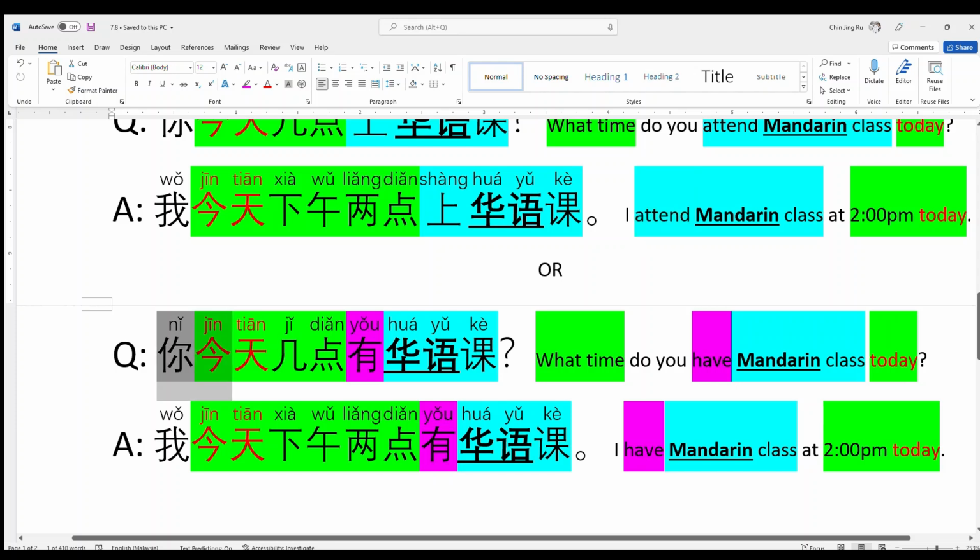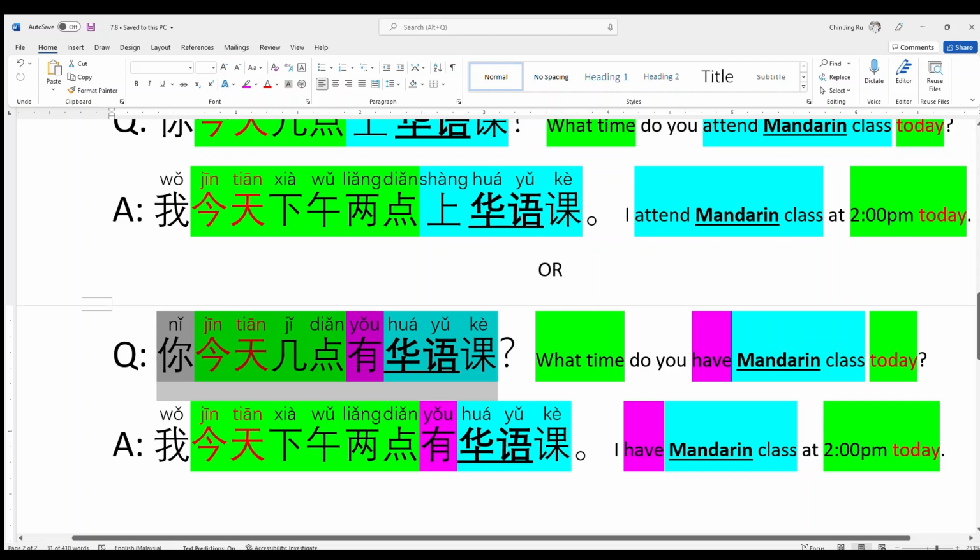So what time do you have Mandarin class today? So 你今天几点有华语课? What time do you have Mandarin class today? Let's repeat after me. 你今天几点有华语课?